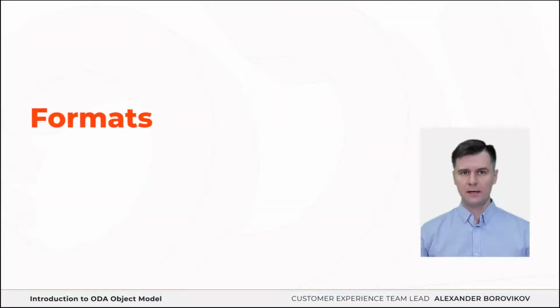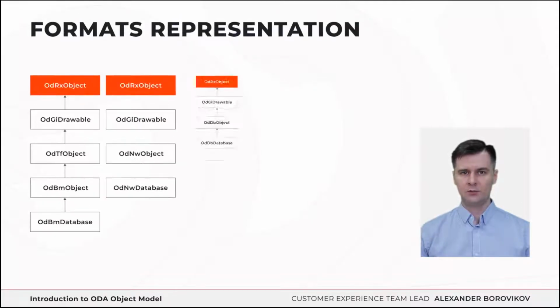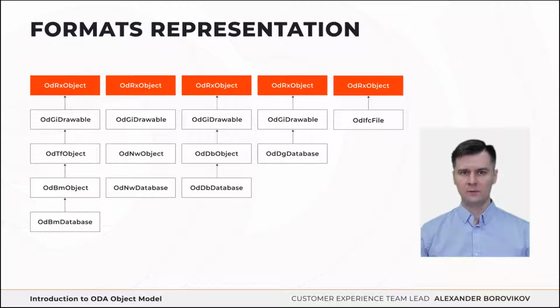The next block is dedicated to formats. These key classes should help to understand the format representation in the ODA platform when the actual file is read and loaded. It is represented as an object of a database. Depending on the particular format, it is an OdDbDatabase for DWG, or an OdDgDatabase for DGN, or an OdBmDatabase for Autodesk Revit, or an OdNwDatabase for Autodesk Navisworks.